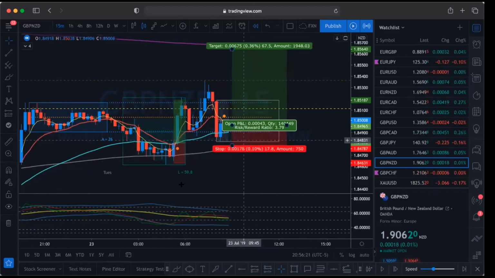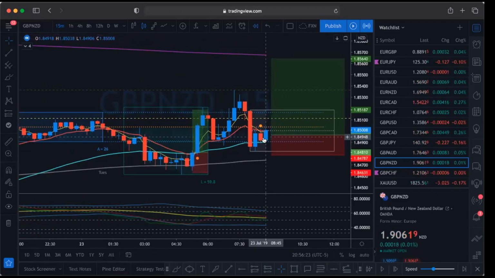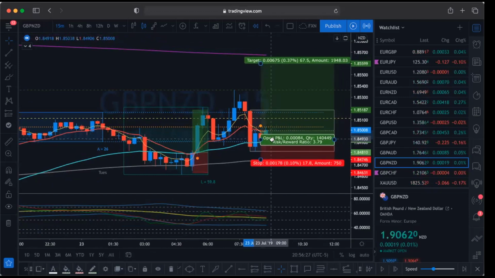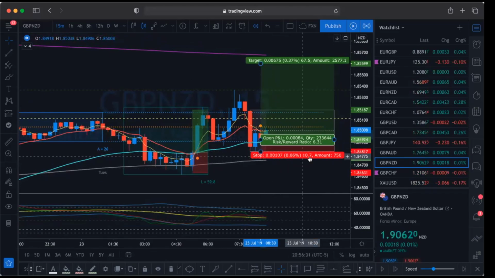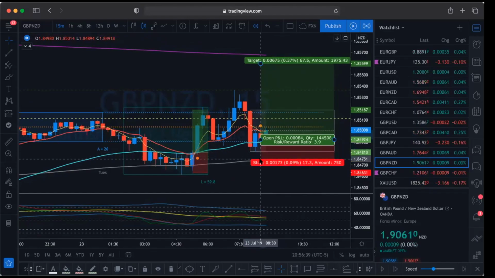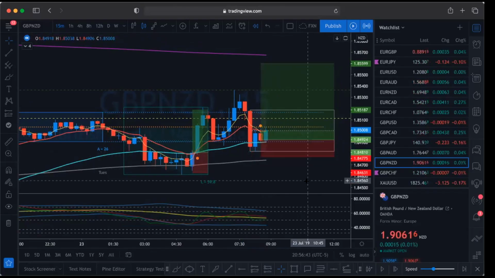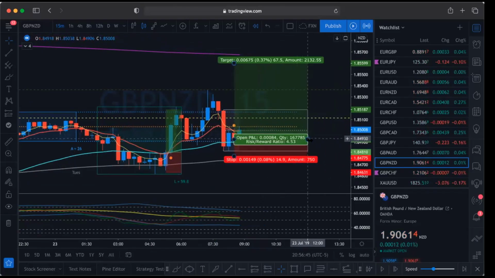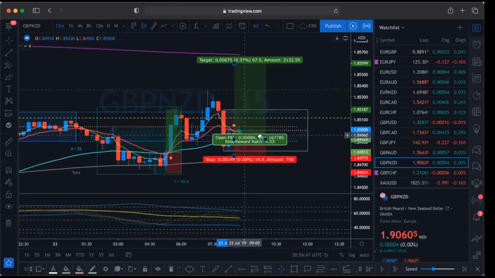So on this previous candle here, there could have been a pullback entry that you could have done even better, with a 10 pip stop loss instead of a 17. And that 4 to 1 risk reward has now turned into almost a 7 to 1 risk to reward ratio. That's pretty good.